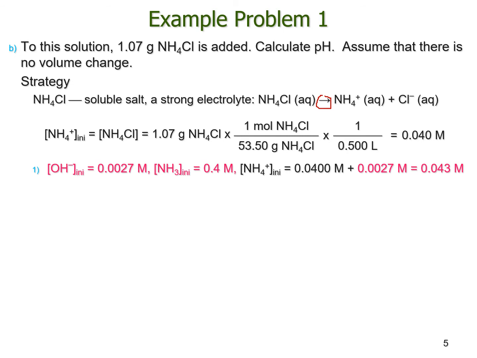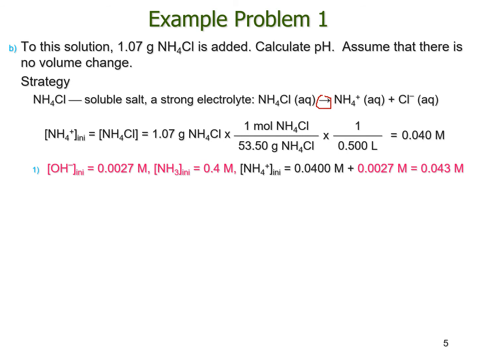Remember from the previous question, question A, we have the equilibrium concentrations for the weak base. As we put in ammonium chloride, introducing more ammonium, this equilibrium is going to get disturbed.